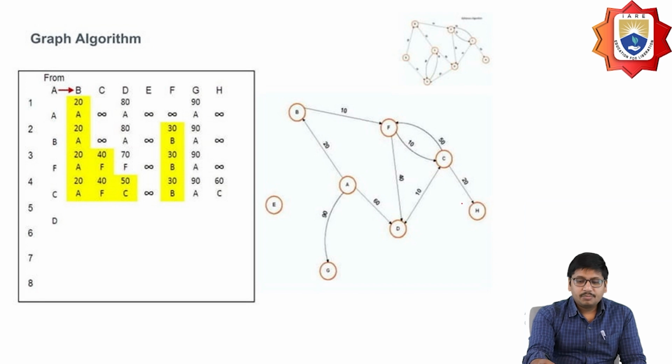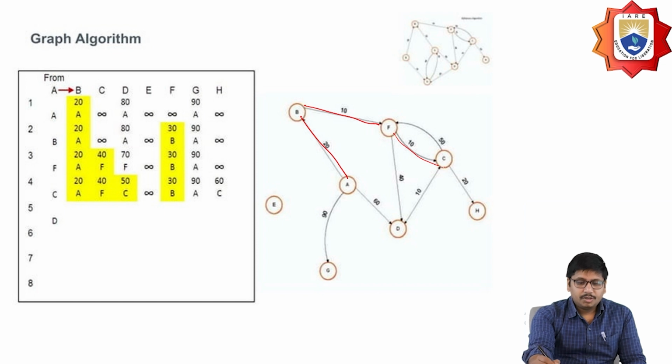And similarly, how to choose from C. From C, I'm going to find out what should be the next minimum path I have to find. So from C to A, I'm going to choose. So this is the shortest path.